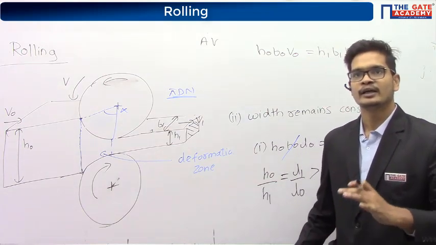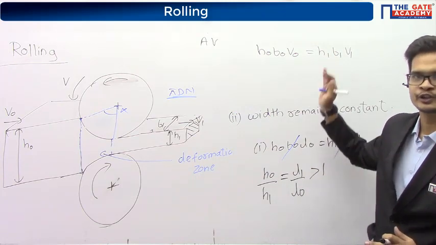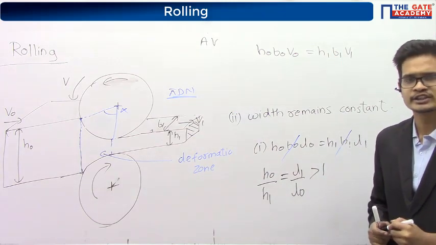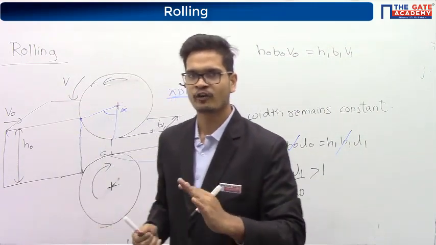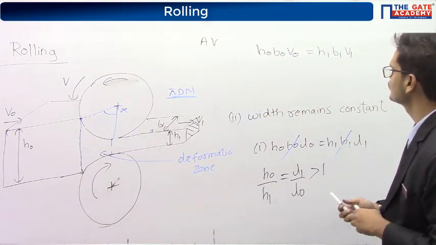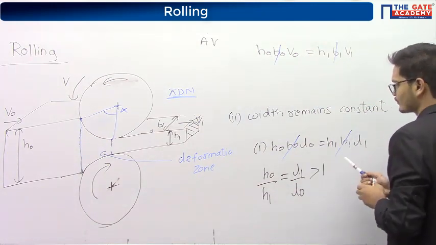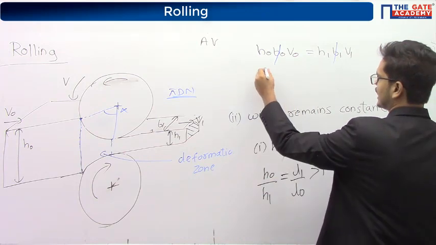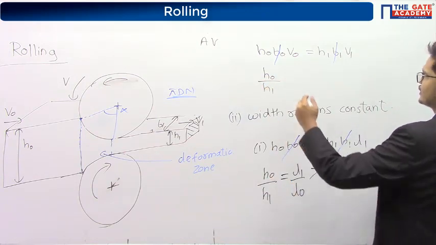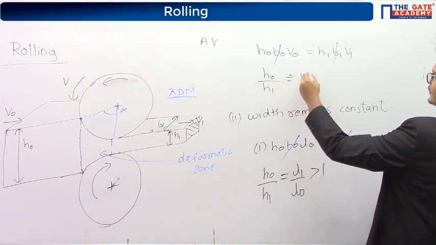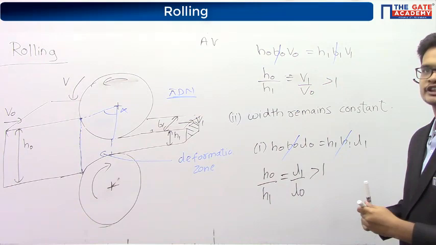right? For our analysis, we have taken the assumption that B0 is equal to B1. It is not necessary that B0 will be equal to B1, it can be different, but for our assumptions, we have taken B0 equal to B1. So this gets cancelled. So again we get H0 upon H1 is equal to V1 upon V0, which is greater than 1.